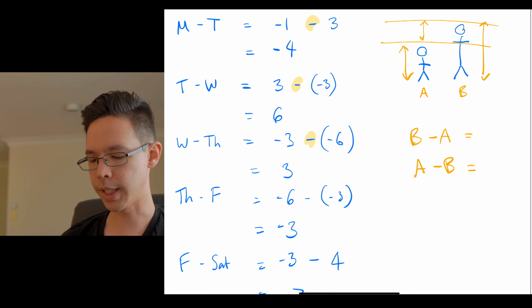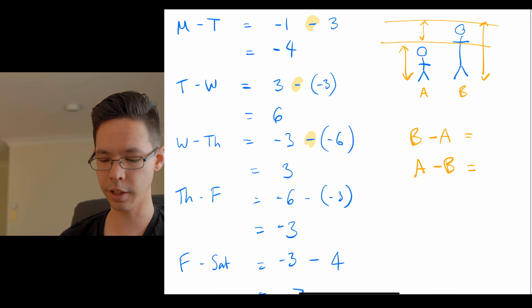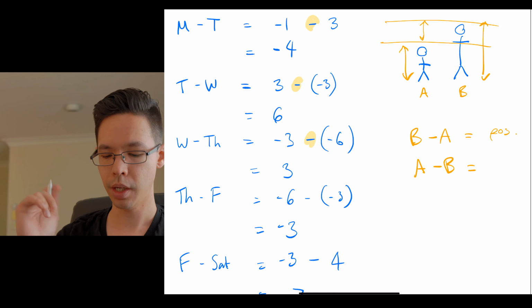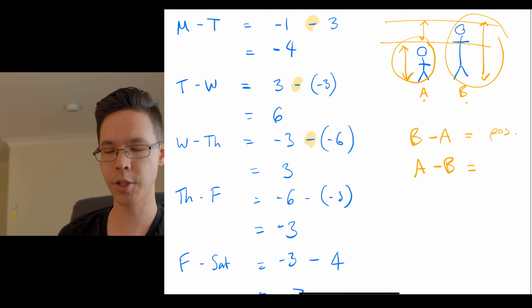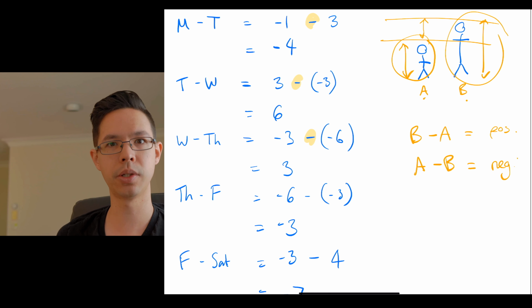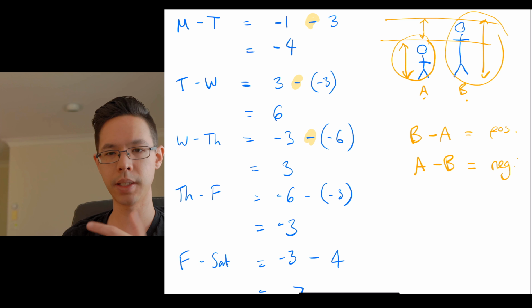What I will find is that one of them will give me a negative answer. B take away A will give me a positive answer, because a big number take away a small number will give you a positive answer. If I do A take away B, a small number take away a larger number, I'm actually going to get a negative answer. But either way around, I'm going to have a value of difference. It'll be the same thing.